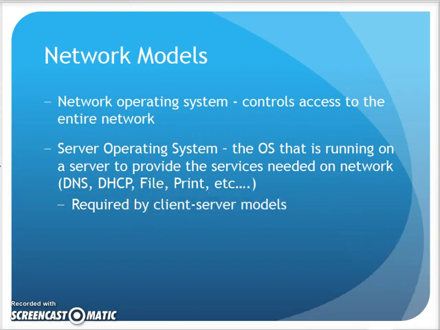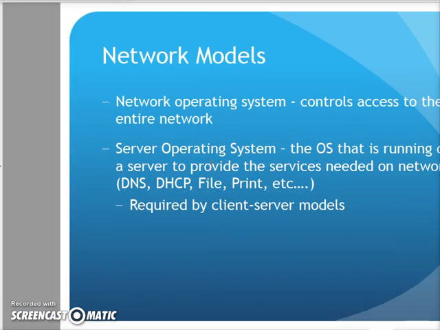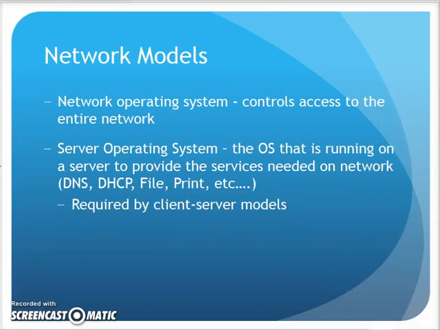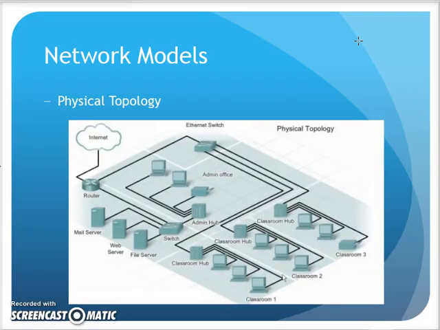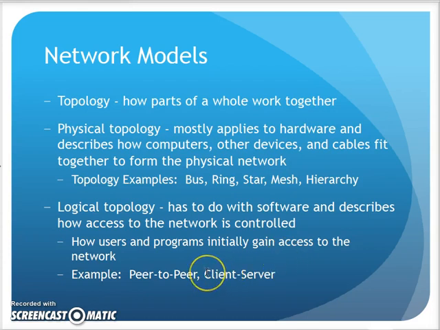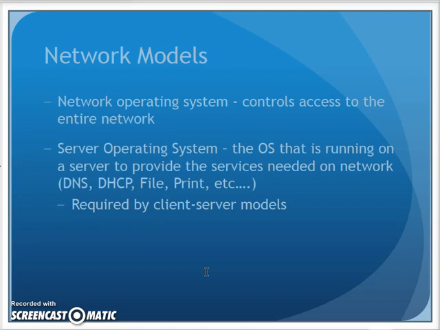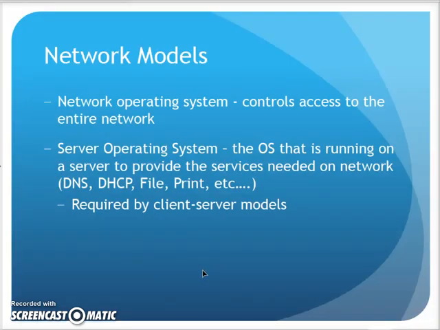For us to do a client-server model, we need to worry about this network operating system. Real quickly, a network operating system or a server operating system is the operating system that's running on a server that provides services like DNS, DHCP, file sharing or file access, and printer access. This is required by your client-server model.